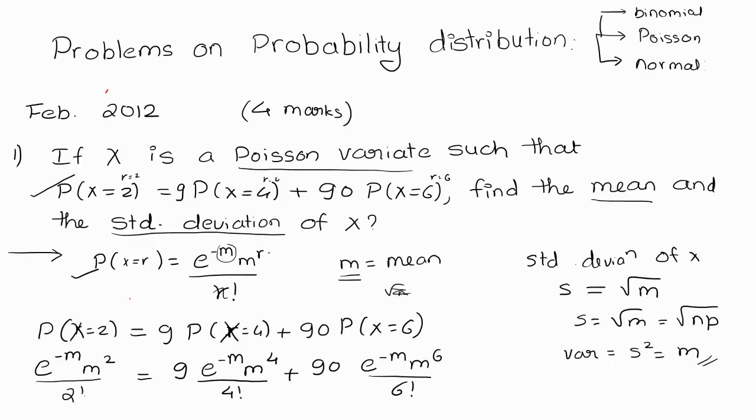It will be something like e raised to minus m square upon 2 factorial is equals to, I can take out e raised to minus m common from here. From here I can take e raised to minus m common.